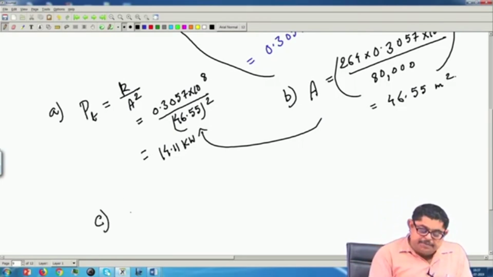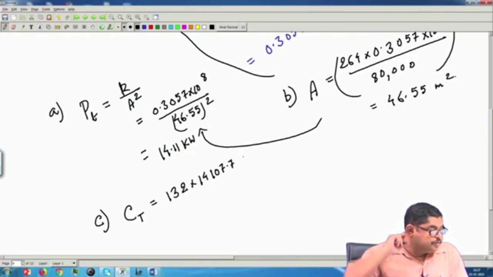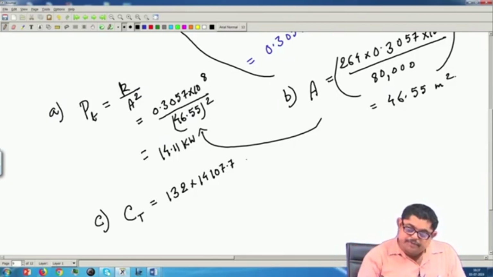Then C can be now easily found. What is C t? So, C t will be, that means transmitter power, 132 into 14107.7 or 14.11.